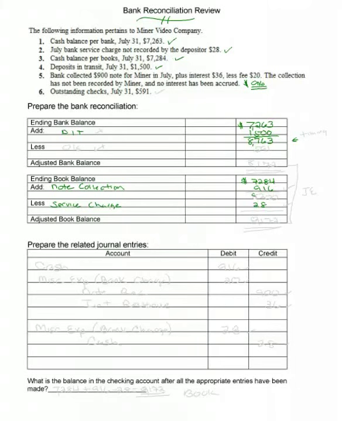Add those two together, 8,200. Welcome back. Did you put it in the right place? A note collected by the bank would need to be added to the book balance. Outstanding checks is item number 6. Please hit pause and record that where you would think that would go.